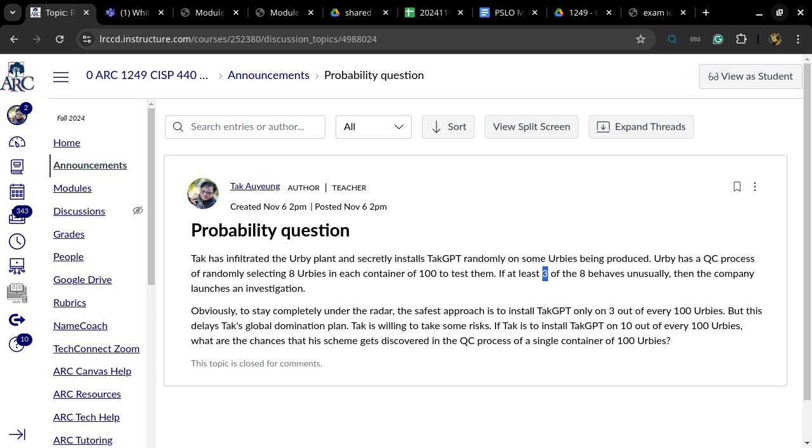This way, I'm always below the detection limit. But I want to spread TAC GPT as fast as possible. So I decided to take a risk and install TAC GPT on 10 out of every 100 Urbies in a box. So the question now is, what are the chances that I will be caught in the QC process?